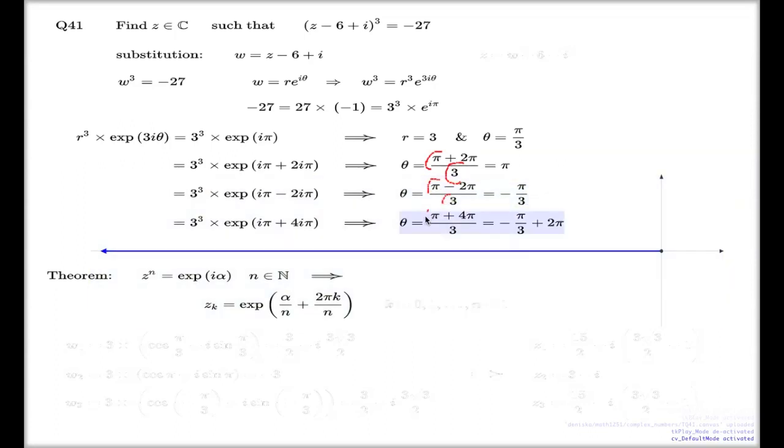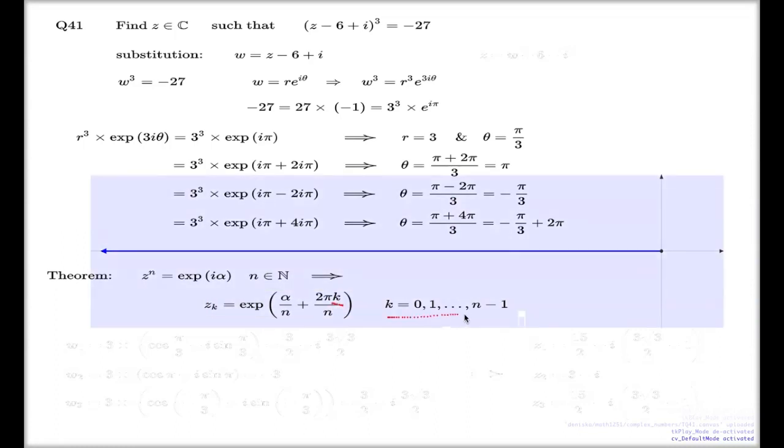Then you add these 2 pi bits divided by n, depending on what your n is. Altogether you have n different possibilities for how many times you can add this 2 pi, so altogether you will have n different solutions. That's why I index them with a little k as a subindex. This little k is how many times we add 2 pi. It will take n different values between 0 and n minus 1.